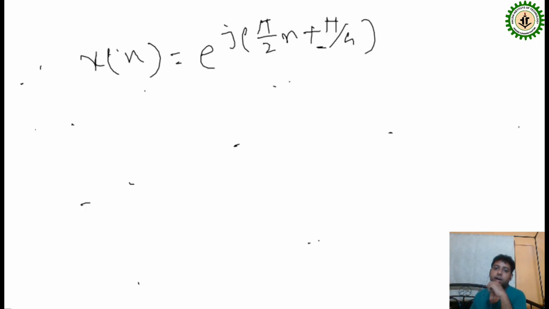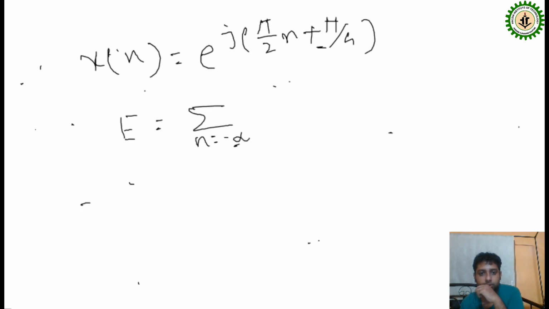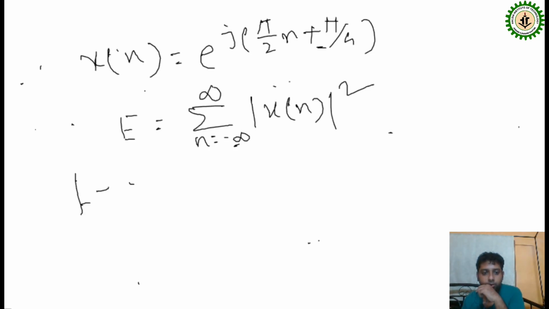Now it has been asked to check whether this signal is an energy signal or a power signal. For that, first we need to find the value of energy. Already we know the formula for energy, that is E equals summation n equals minus infinity to plus infinity of |x[n]| squared. Now if we take the mod value of this, that is mod of e^(j(pi/2 n + pi/4)).